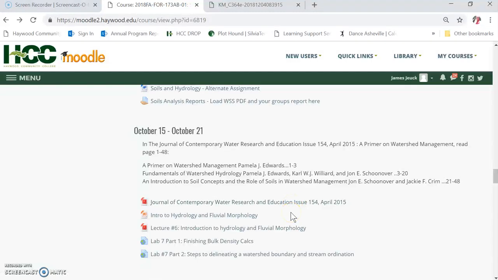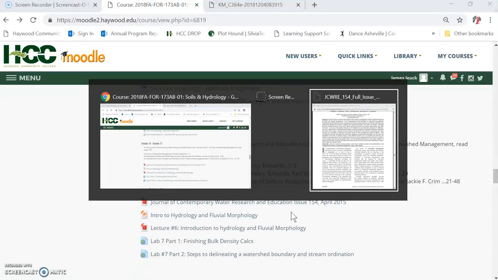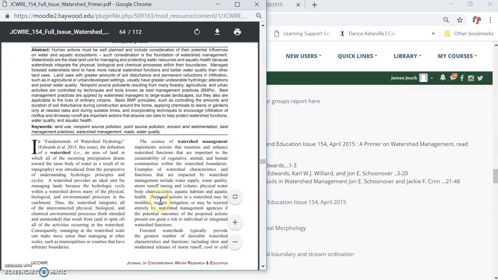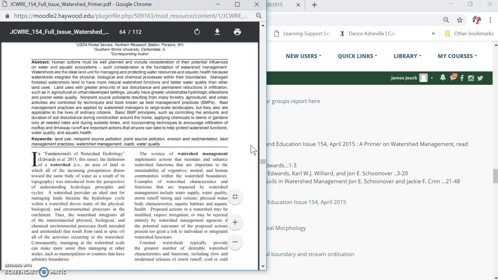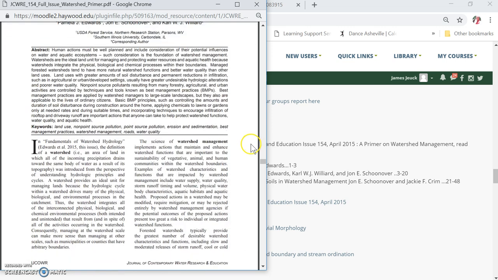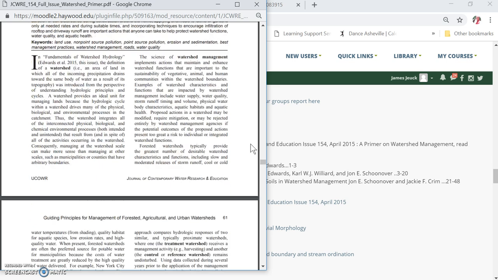I've already got it open. The last reading that I have you do starts on page 60. It's just this one chapter on guiding principles for management of forested, agriculture and urban areas. And it covers a lot of the various topics that we've been looking at over the past couple of weeks.